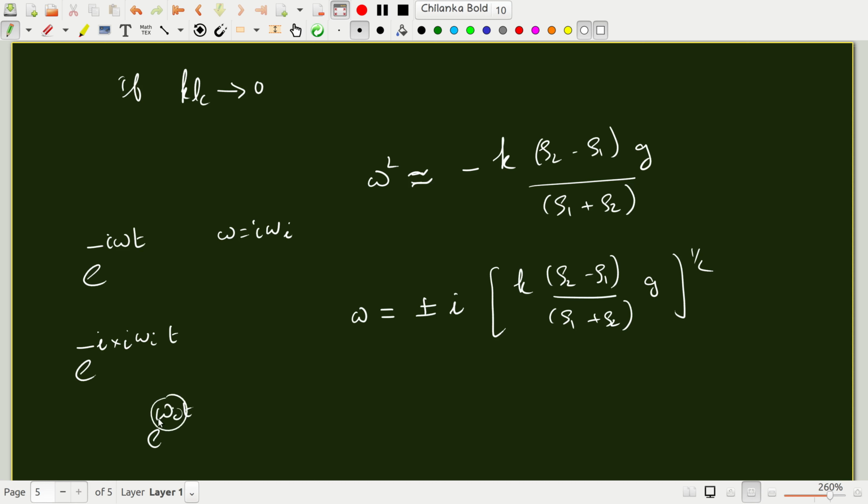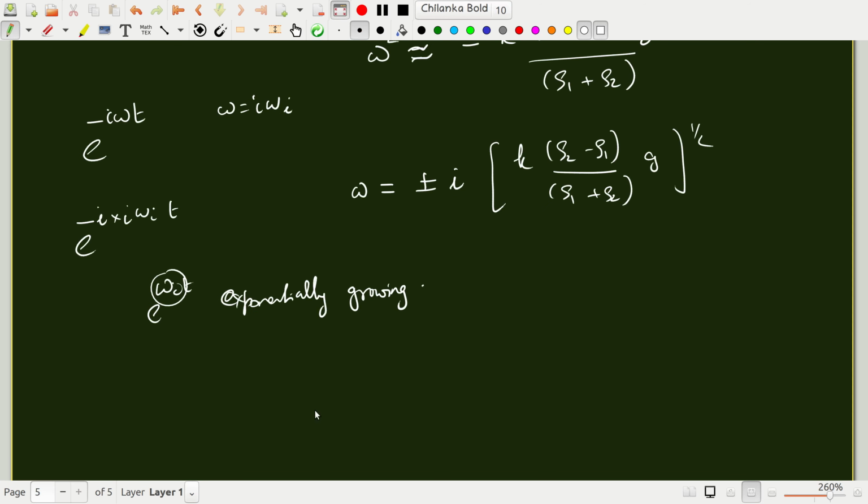Imaginary parts come as both positive and negative, complex conjugates, so definitely there is a positive imaginary part. That means exponentially growing disturbances. So this is the idea of how we calculate the dispersion relation.